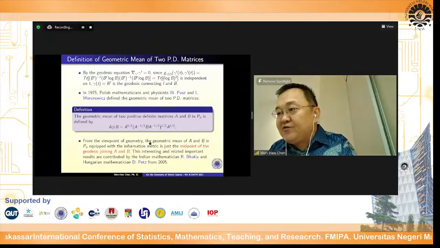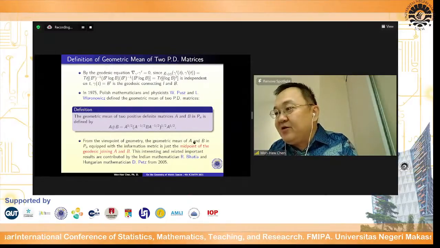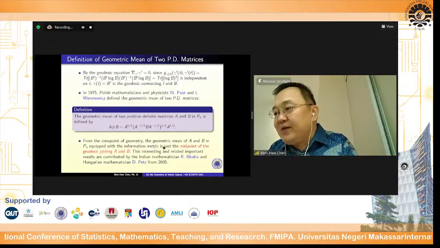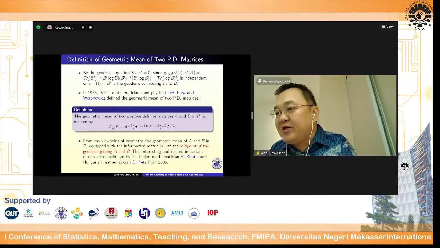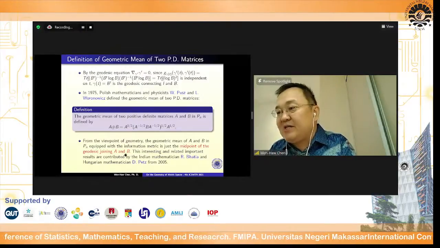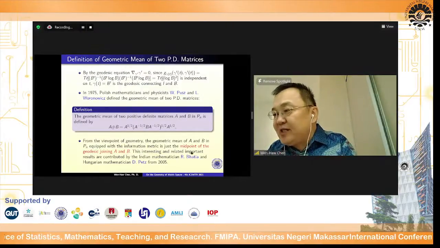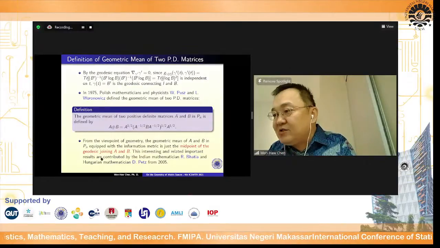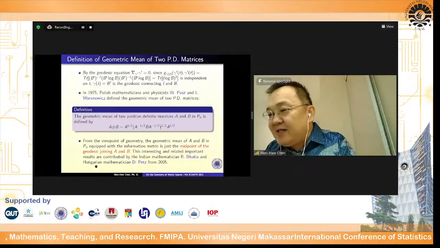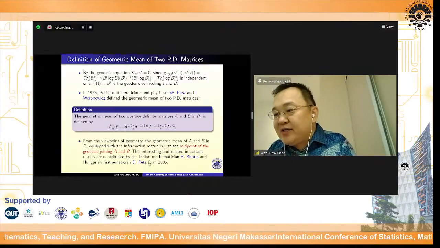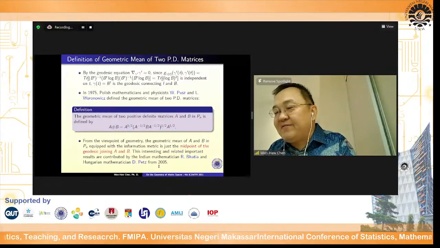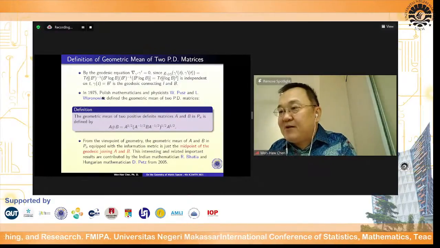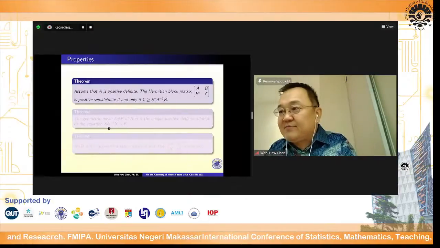From the viewpoint of geometry, the geometric mean of A and B in P, equipped with the information matrix, is just the midpoint of the geodesic joining A and B. Interesting and related important results were contributed by the Indian mathematician Bhatia and the Hungarian mathematician Petz in 2005. So we can have some theories about this definition and its properties.